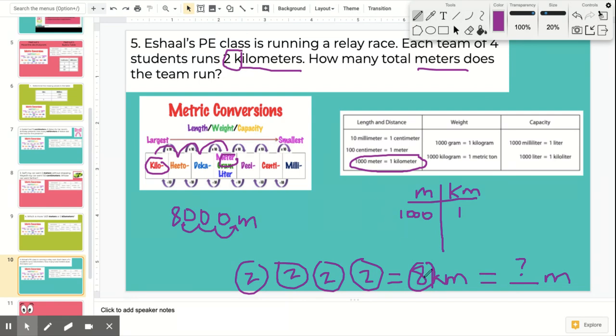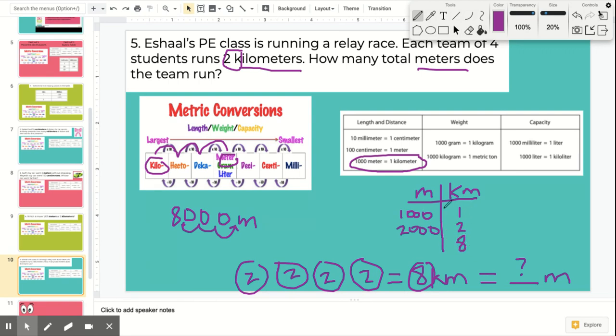We have a total of 8. So if I were to keep building 1, 2 kilometers, that would be 2,000. I don't really feel like filling in the table completely all the way to 8, 3, 4, 5, 6, 7, 8. So once you figure out the pattern, you can jump ahead.